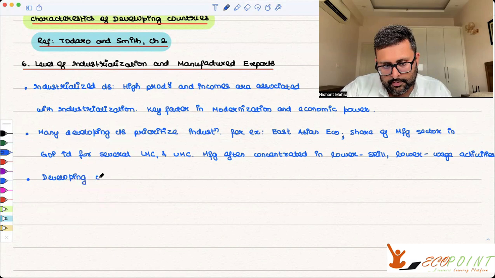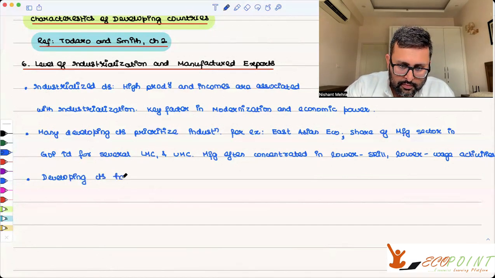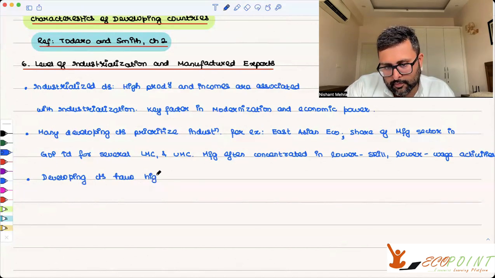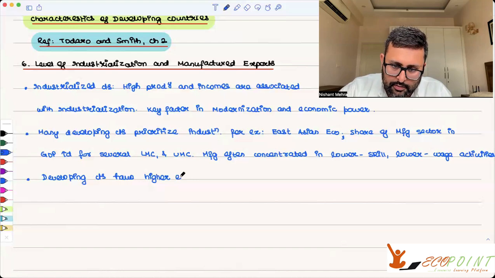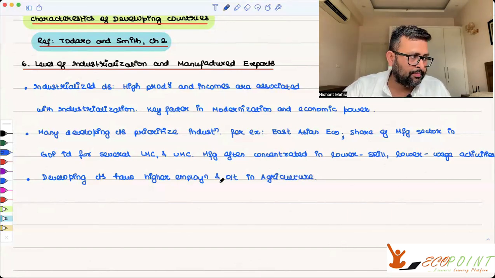Developing countries have higher employment and output in agriculture.